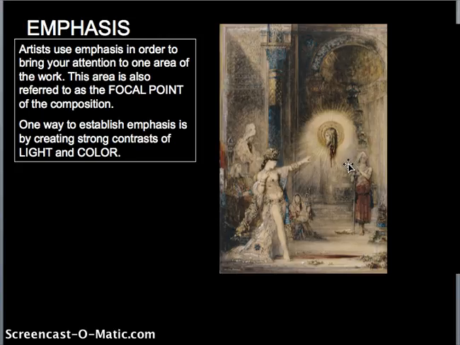That's the focal point, that's the emphasis in the composition, which relates to content. And so we use different elements to establish emphasis. We create it by creating strong contrasts of light and color.